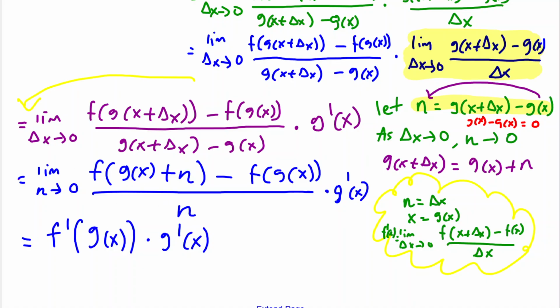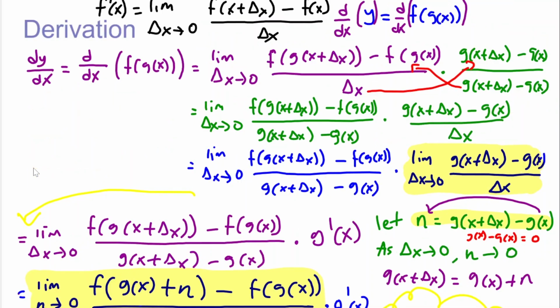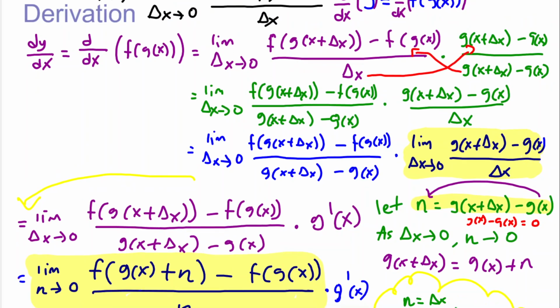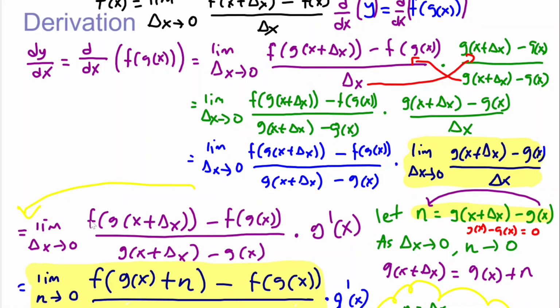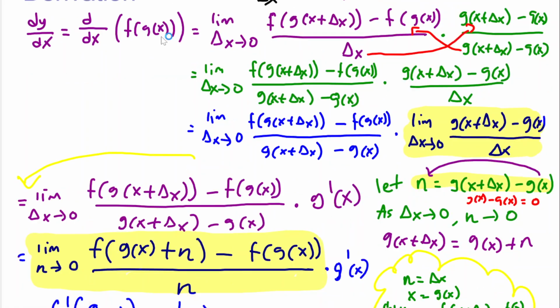This right here may be a bit confusing. This limit right here, this g prime of x is fine. We dealt with the limit that yields us that g prime of x already. This limit right here fits the form of the limit definition of the derivative, where in the limit definition of the derivative, this g of x takes the place of this x, and this n takes the place of this delta x.